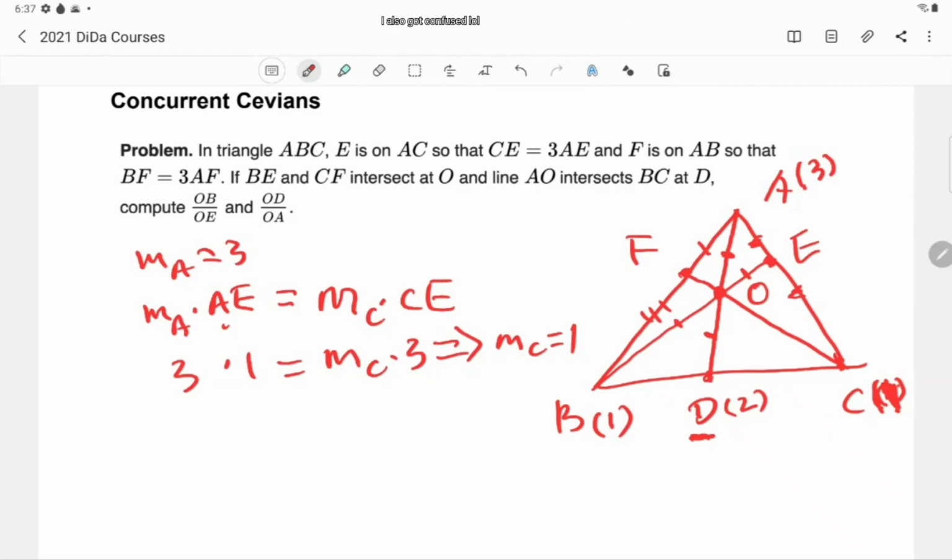I use the balancing rule in reverse between A and D. Because I know the masses of A and D, I know immediately that the ratio OD over OA is just the inverse of the mass ratio, MA over MD. So just 3 over 2.